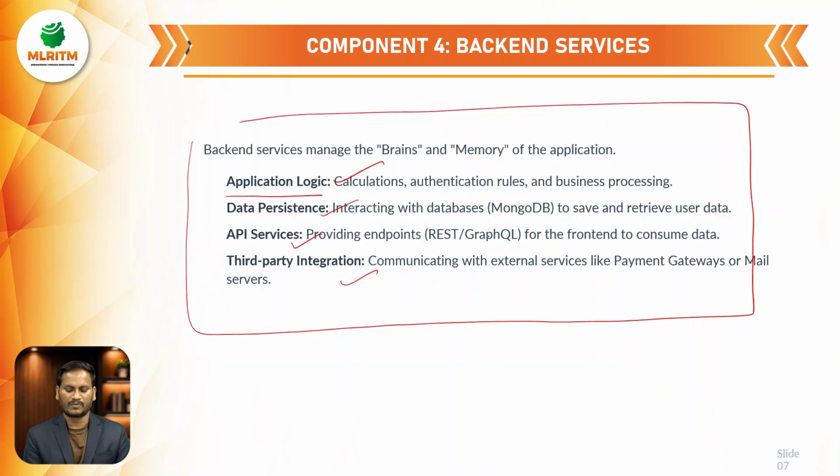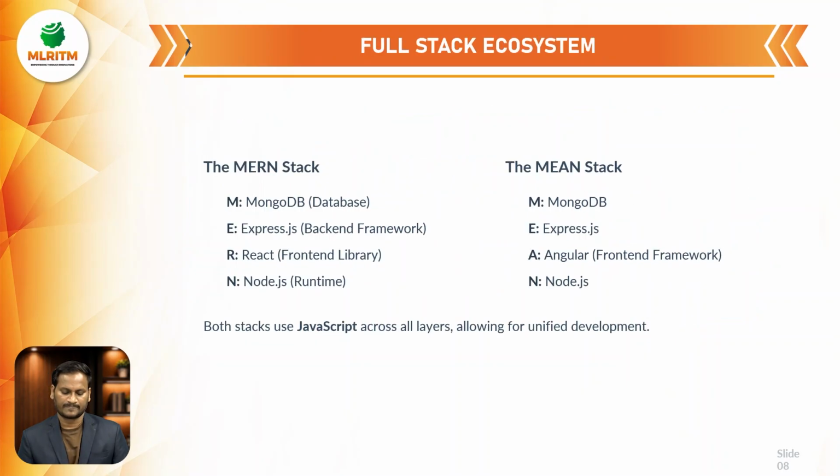With that data, MongoDB stores all the data from the backend. The REST API on the server provides data for the front end to consume from the database. And communicating with external services like payment gateways or mail servers is called third party integrations. This is about backend services.